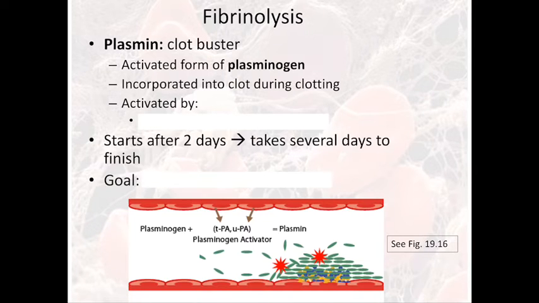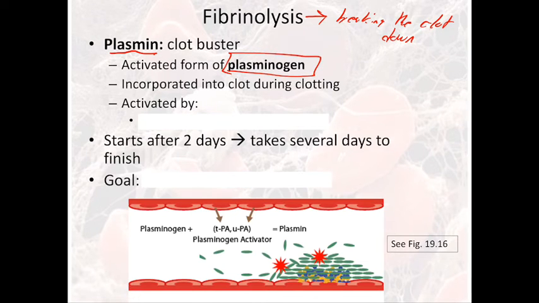Fibrinolysis is really just breaking down the clot. After the tissue is healed, we don't need to have the big clot there anymore. So what we have is a clot buster called plasmin. Plasminogen is a protein that's always in our blood, so we just need to activate that plasminogen, turn it into plasmin.